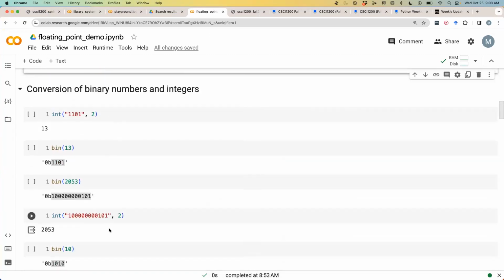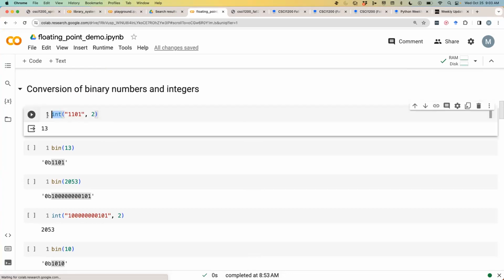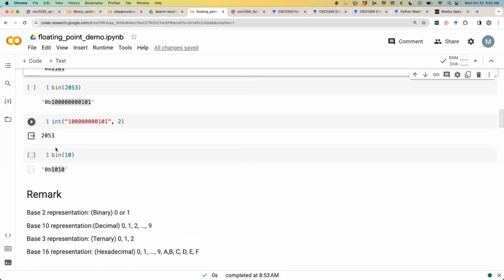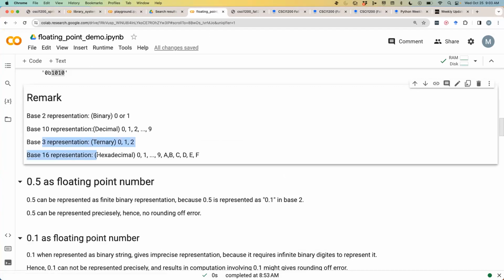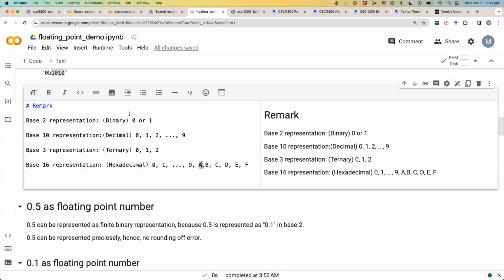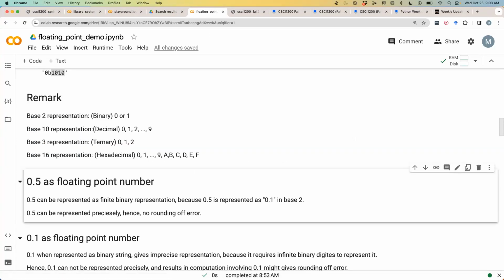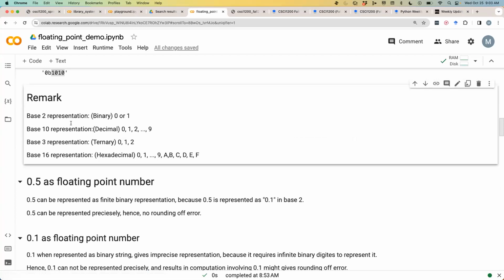Okay, and we have also learned how to convert binary numbers and integers using the built-in functions int or bin. And we have also seen that there are other base representations, not just base 2. Base 2 is used often, this is what we use in computers, everything is stored in binary.